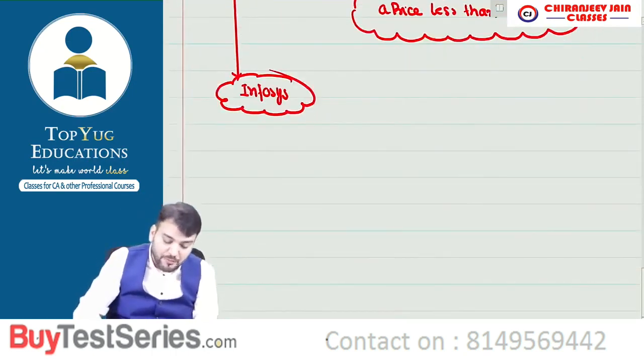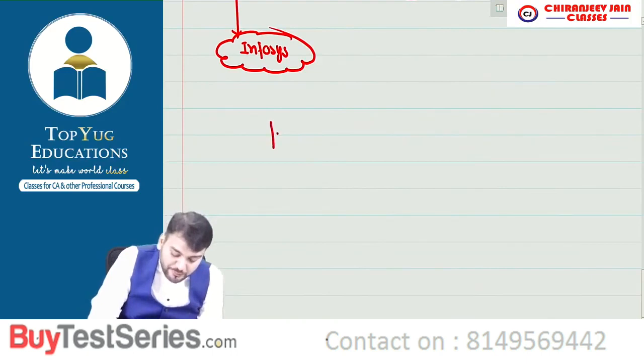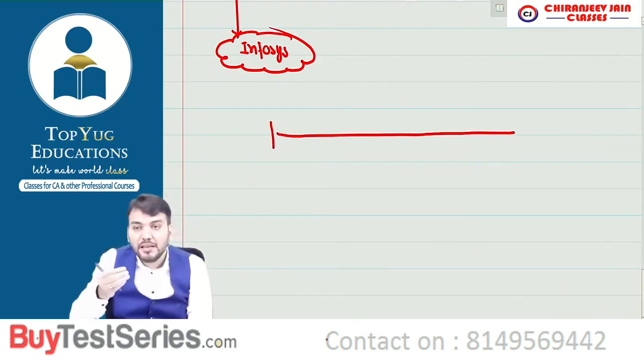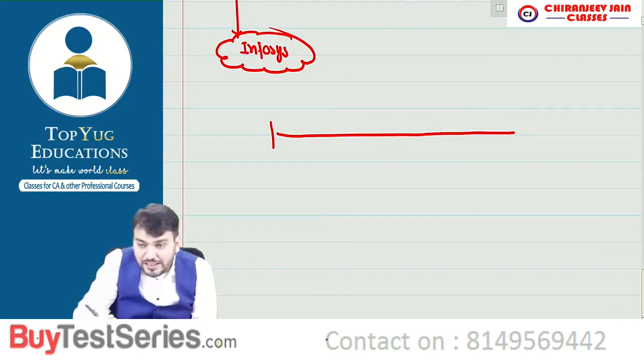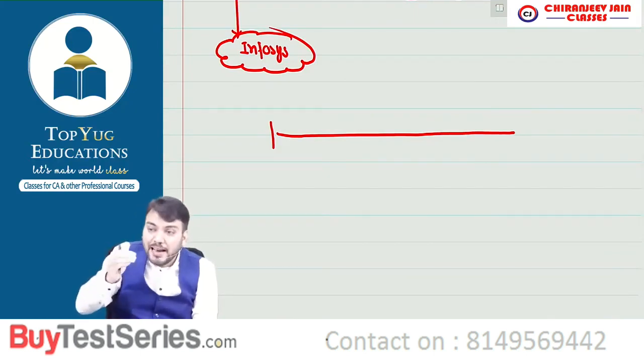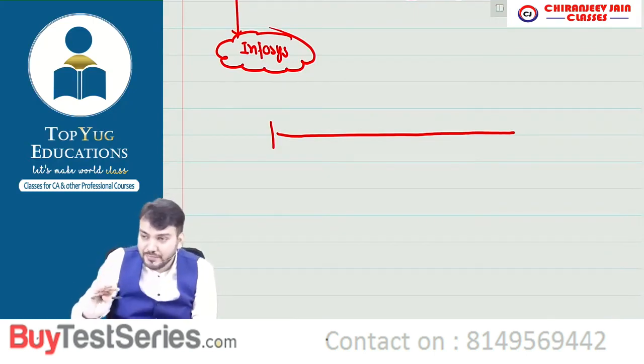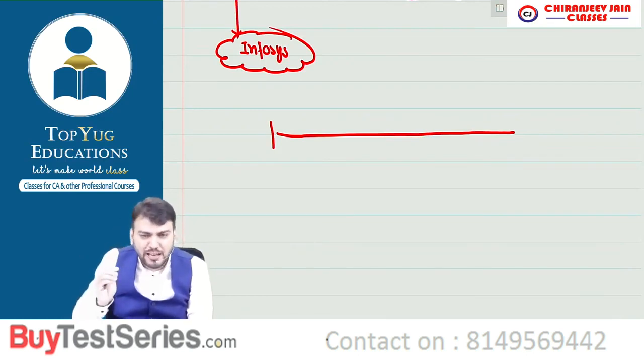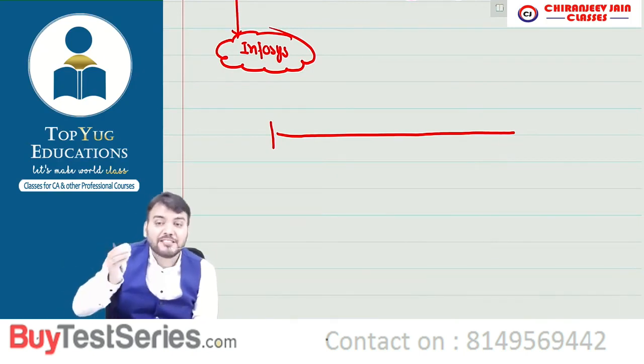Understood? Now what used to happen? Infosys used to appoint employees. When they are appointing employees at that time, they have a degree. Of course, they have done some courses, but they do not have work experience.